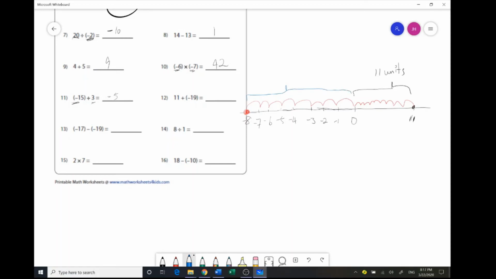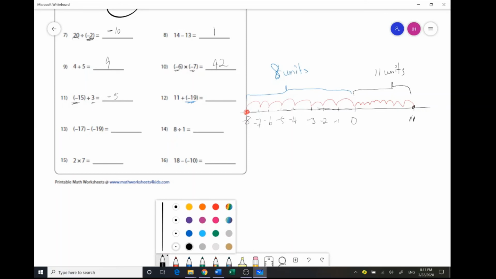That's another 8 units. So altogether, 11 units to the left, and in addition 8 units to the left. Altogether, that's how you made up the 19 units to the left, which the final answer is negative 8.